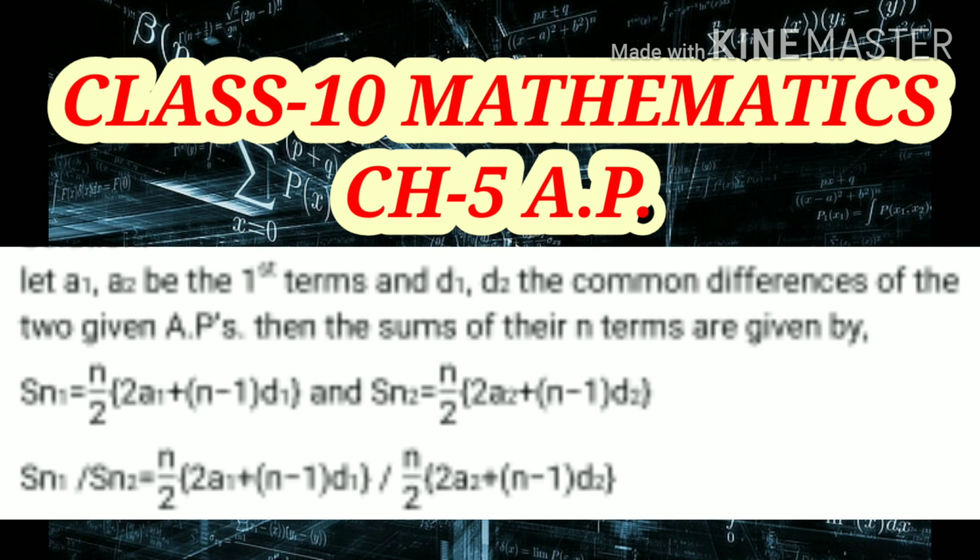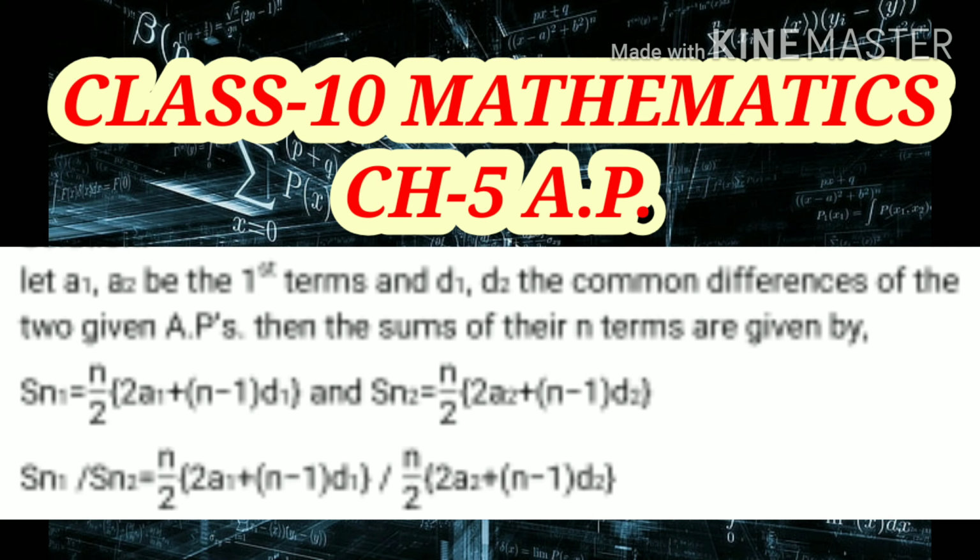Here, I am denoting the sum of the first AP by Sn1 and the sum of the second AP by Sn2. So by using the formula of sum of n terms of AP, the value of Sn1 becomes n upon 2 into 2a1 plus n minus 1 d1.